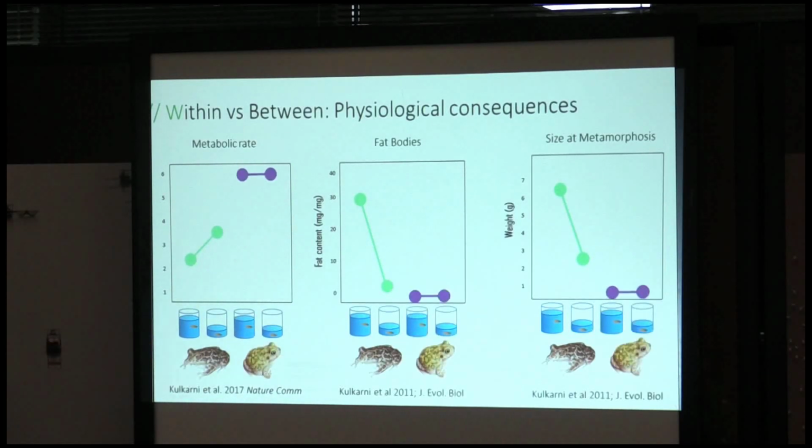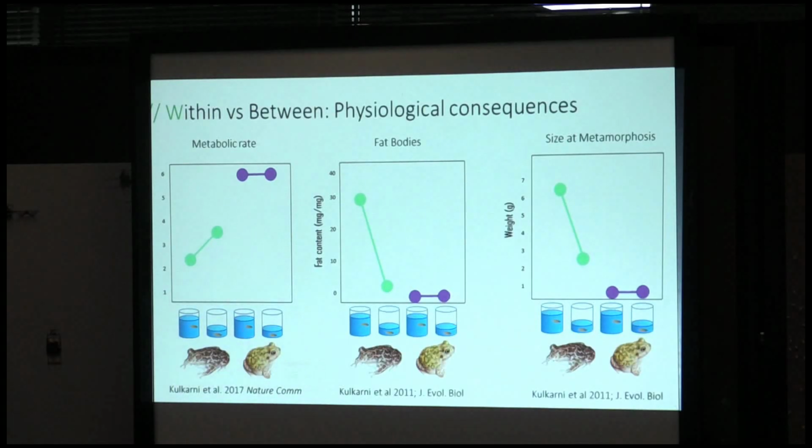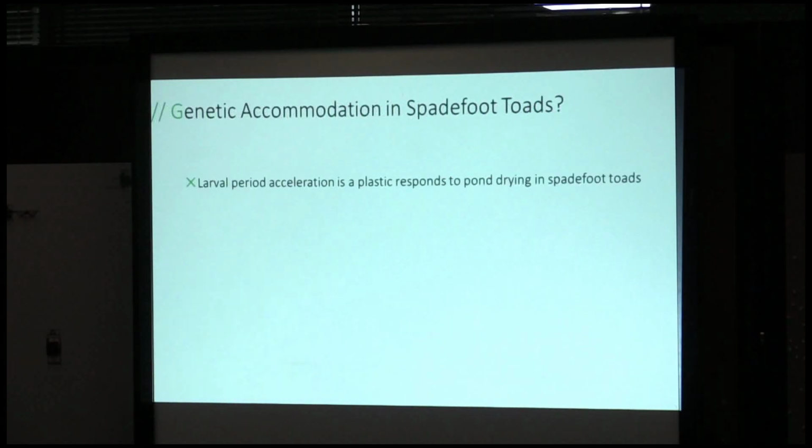When I overlay the same reaction norms for Scaphiopus, you can see that again, across the board, there's this canalization, so they show substantially less plasticity. And what's interesting is that they almost seem to represent a canalized form of the accelerated morphotype, or phenotype, of Pelobates in all of these cases.